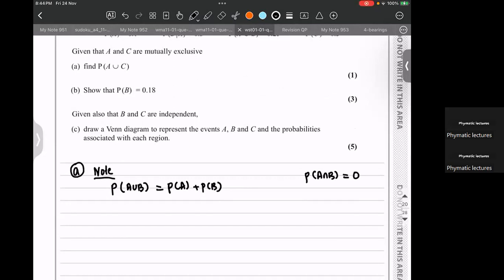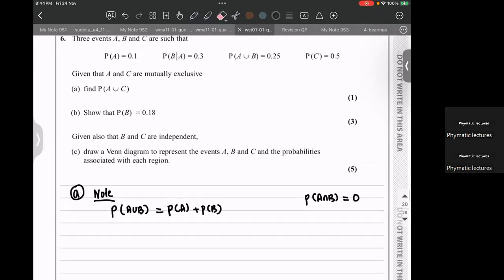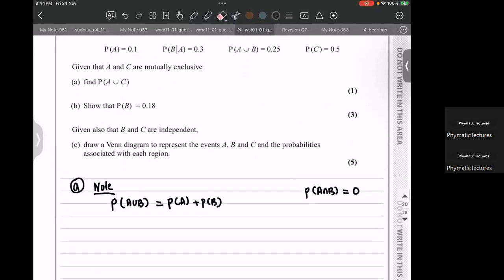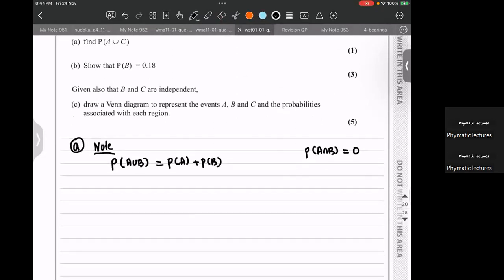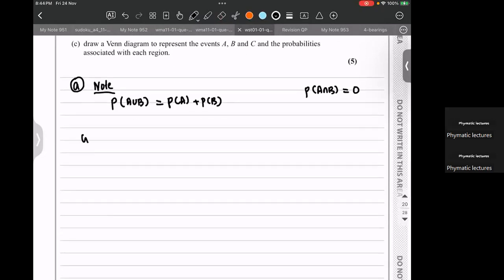So here our events are what? A and C. Given A and C are mutually exclusive.